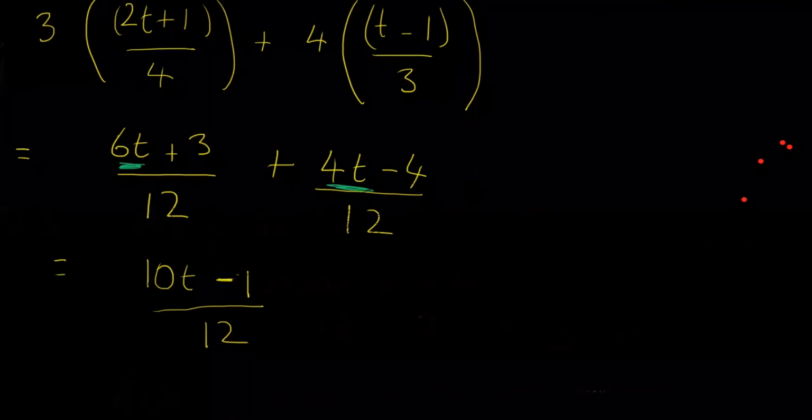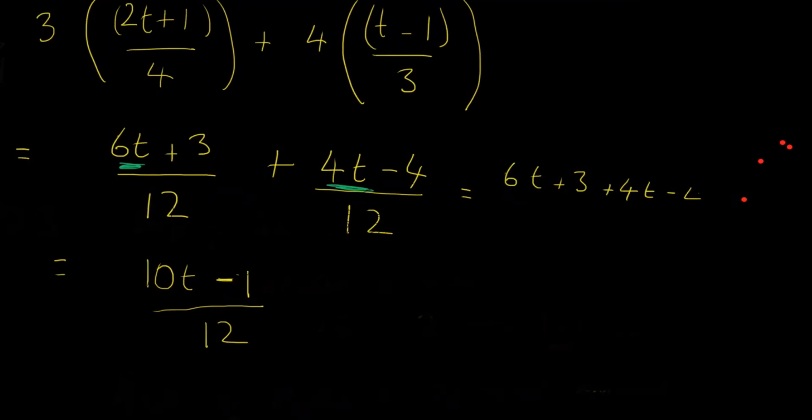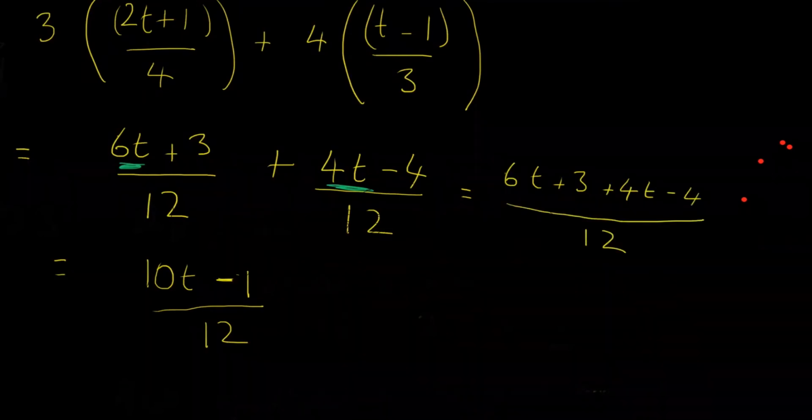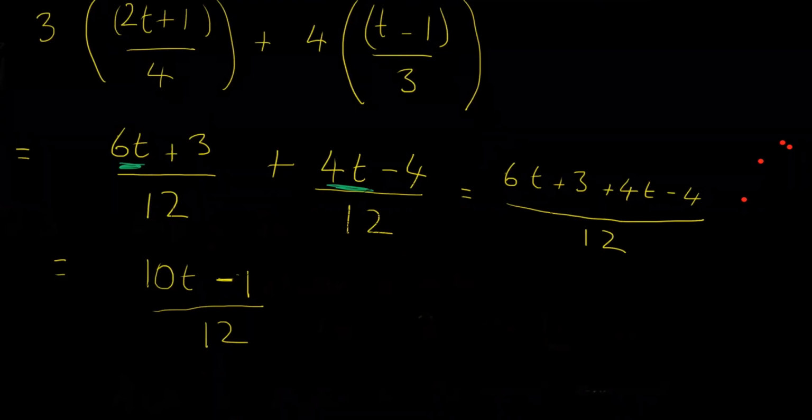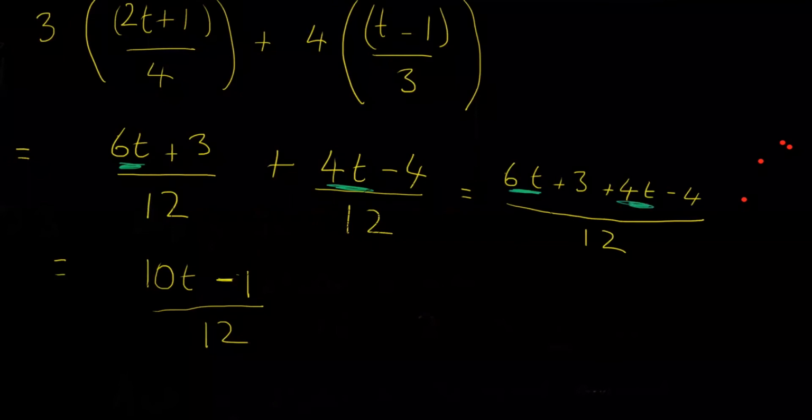Okay, so this essentially becomes, I can rewrite this, okay? This becomes 6t plus 3 plus 4t minus 4 over 12. I'm just rewriting it. So all I'm doing now is just adding up the t terms. I've got a 6t there, and I've got a 4t, which is equal to 10t.